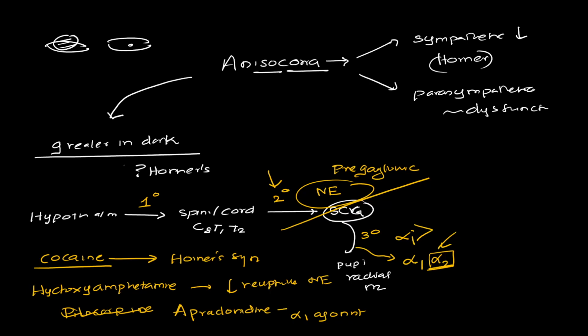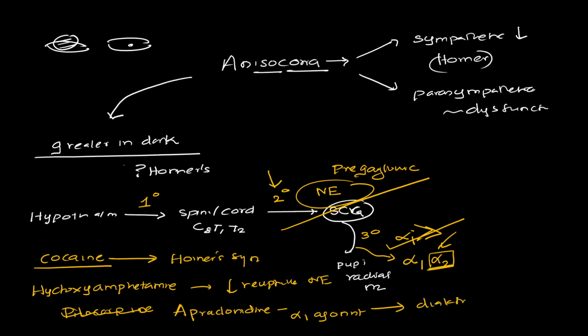So what happens finally is there are large concentrations of alpha 1 receptors residing in the muscular pathway, making sure that if there's any sort of sympathetic flow coming into it, it will respond. So by using apraclonidine, an alpha 1 agonist, we can stimulate the alpha 1 receptors and thereby cause dilation.